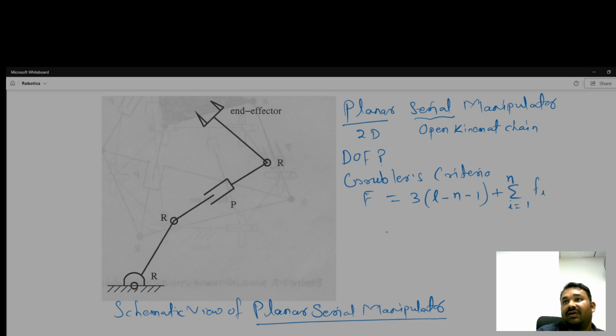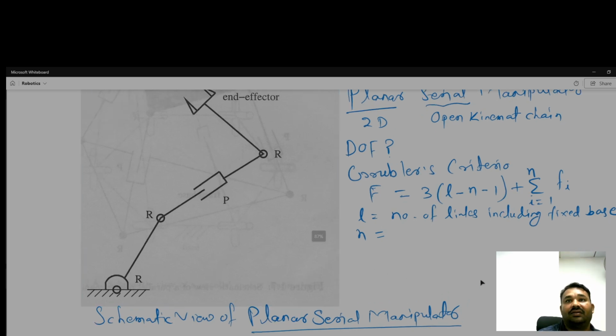We have to identify the number of links, L, including the fixed base, and n, the number of joints.